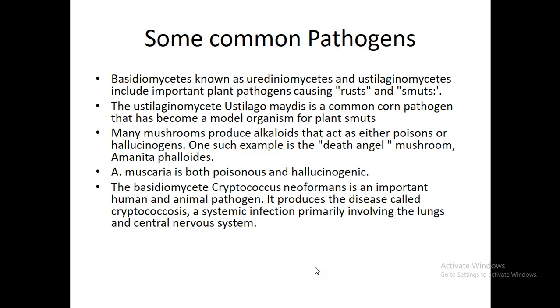Many mushrooms produce alkaloids that act as poison, or they can cause hallucinations. One such example is the death angel mushroom, Amanita phalloides. Two types of alkaloids are isolated from Amanita phalloides.